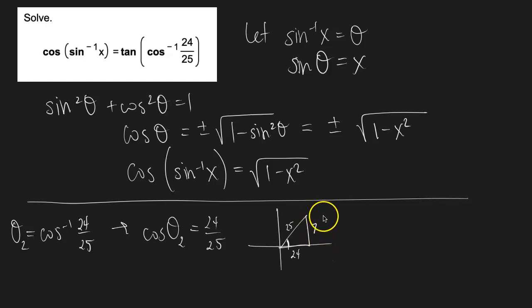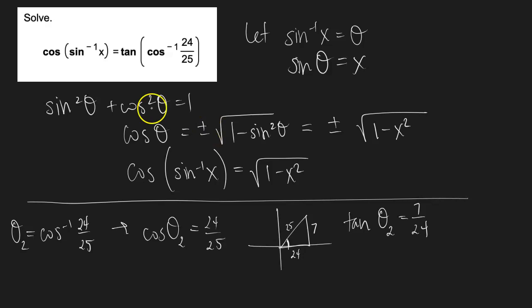And I find that side to be 7. So with this information, now I can get the tangent of that angle. Tangent is opposite over adjacent, so that would be 7 over 24.